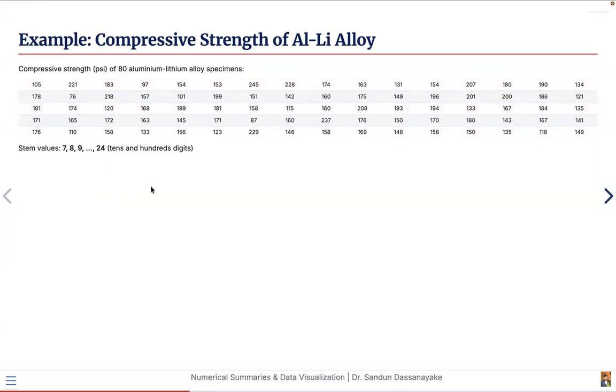And now we are going to put them into stems and leaves. So we have to divide them into stem values and leaf values. You have to be very careful how you choose your stem. If there are 200 values and you choose the stem to be 2 and the leaf to be 29, by all means, no problem.